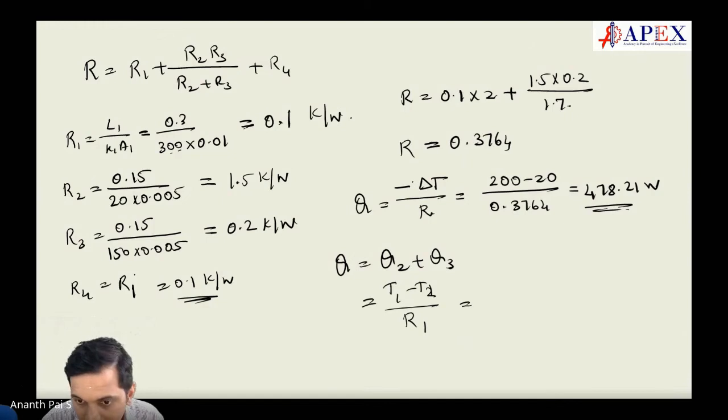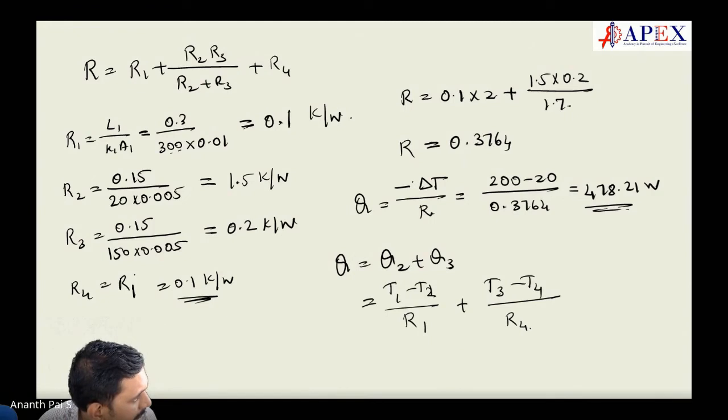This can be T3 minus T4 divided by R4, correct? Or we have to take them together. Final answer, what do you say? I have framed the question now.